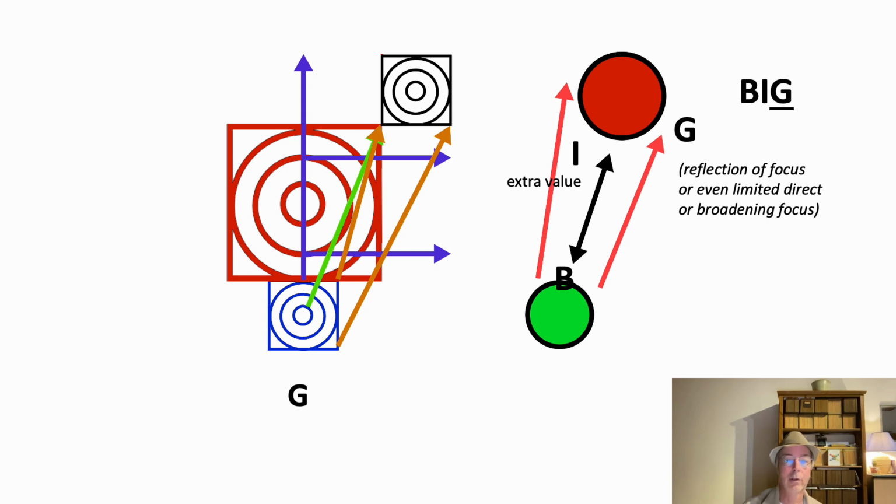The E will connect itself to something which is not reached yet, and we insert it with a new measurement. The G itself will be the reflection of our focus, and even a very limited focus, which is sometimes also a bit out of focus if we try.